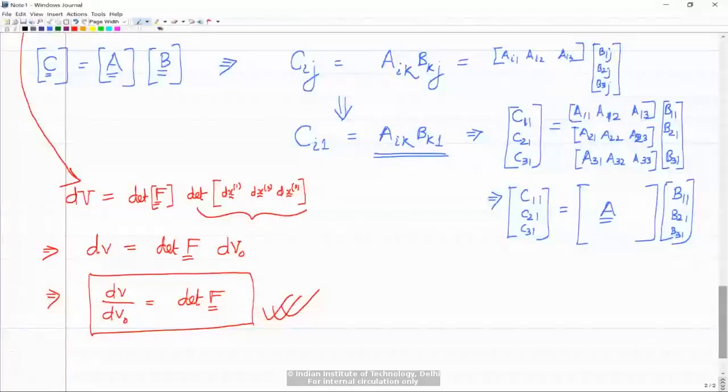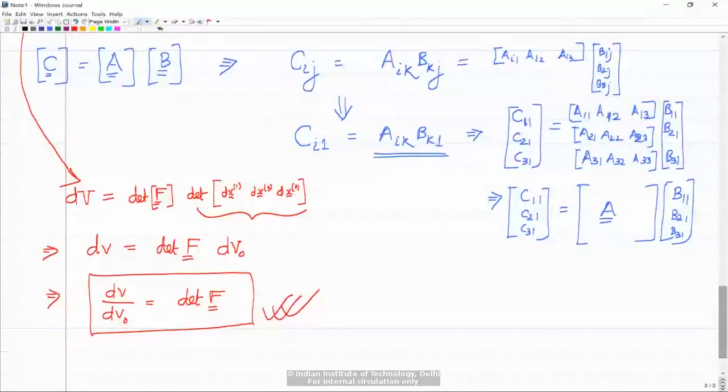What does it mean? Independent of position? Well, no. This big F depends on X, no? It is independent of direction, yes. So it is independent of the direction of line elements.